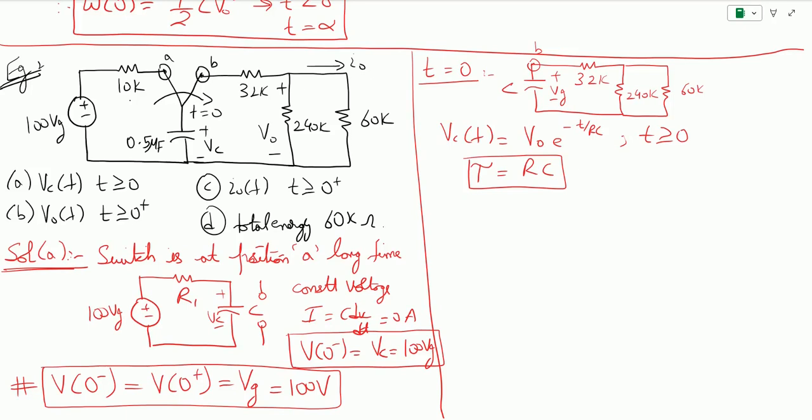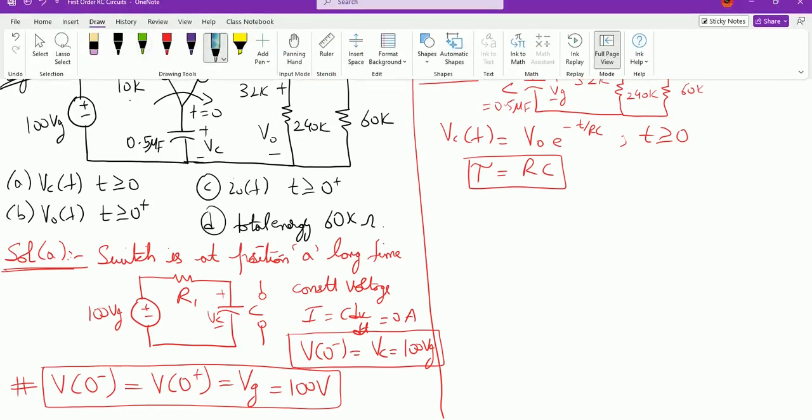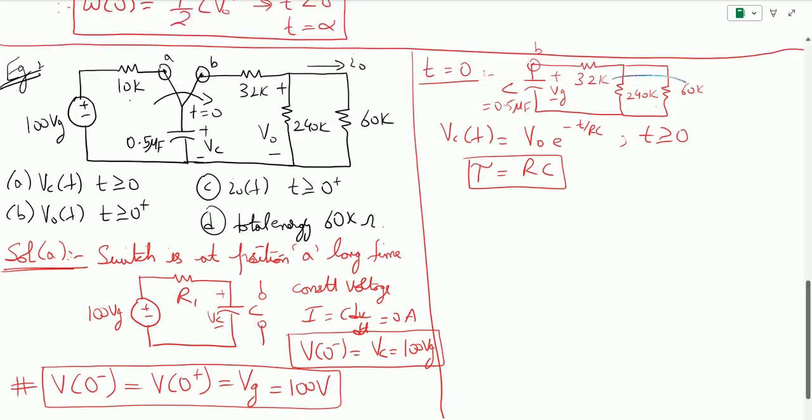We know the value of C, which is 0.5 microfarad, but we can simplify the resistor combination shown here. So this is basically resistors connected in parallel, and then they are connected with the 32K. So we can find the R equivalent as 60 parallel to 240K, and then you plus it with 32K.